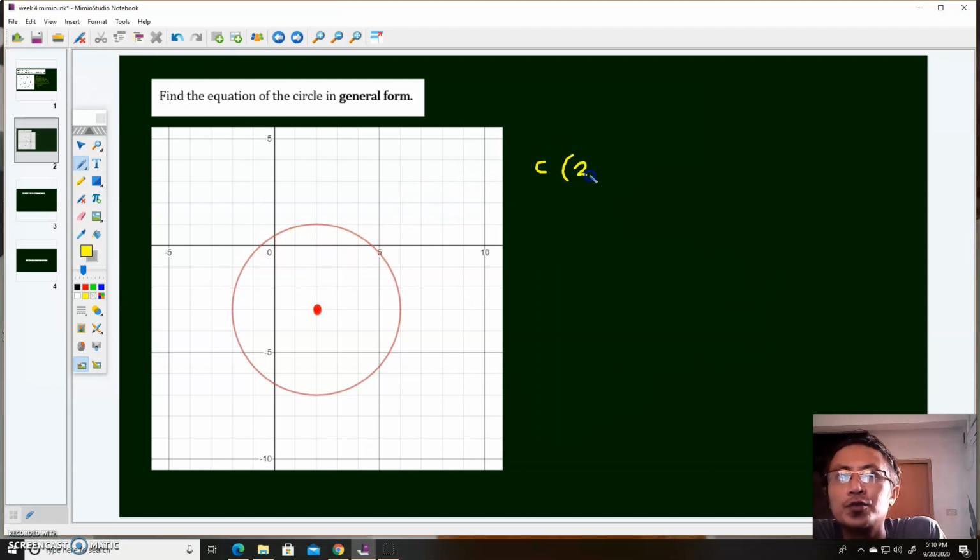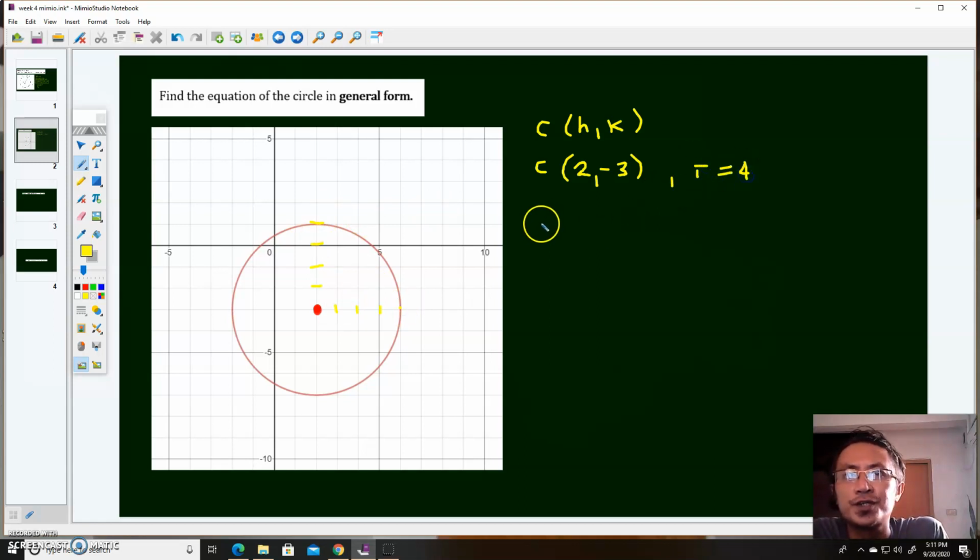So that's the point 2, negative 3. So that's our hk. And the radius, I think we can measure it from the center. 1, 2, 3, 4. Yeah, it's 4. So the radius is 4.